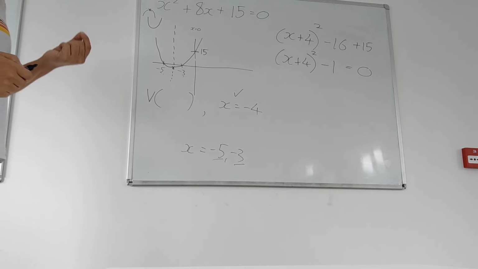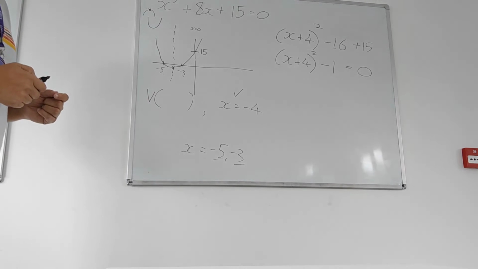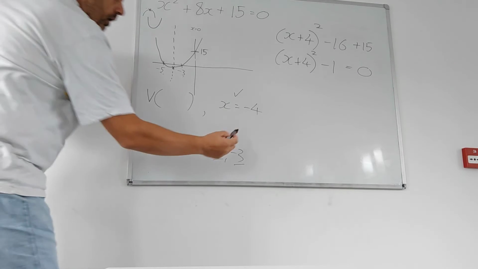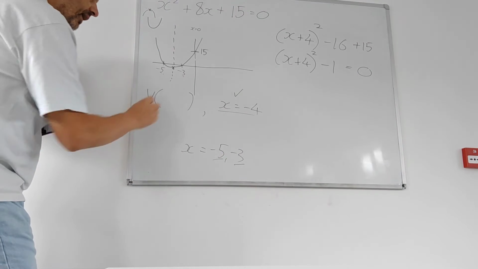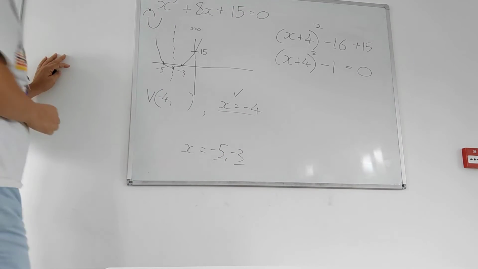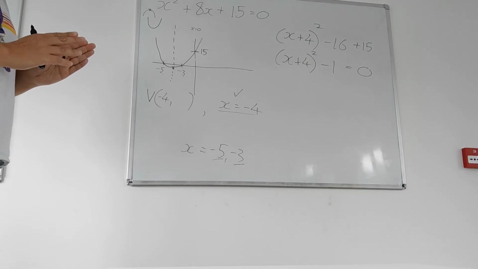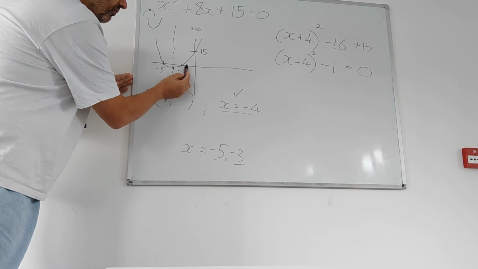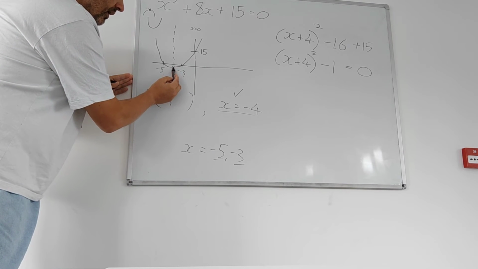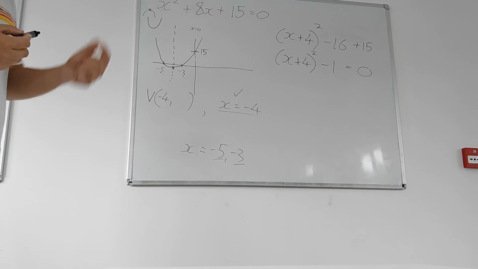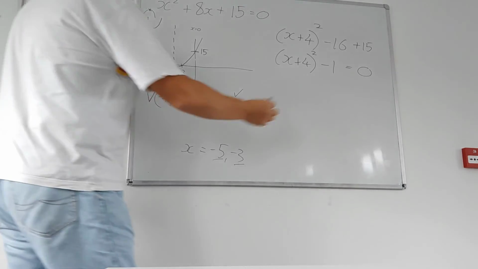What happens if you're asked for the vertex? Well, you already know the x value. What you don't know is the y coordinate, because it's 4 to the left. Yeah, fine with that. It's how far down. That's why you complete the square.